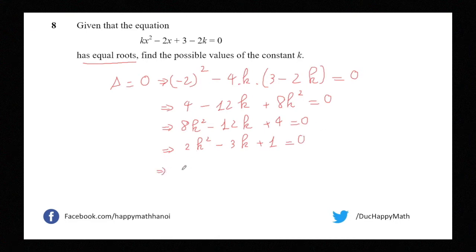From this you can apply the formula to calculate the delta, and k1 and k2 will be equal to 1.5 and 1. That's quite easy to see, but I think you should calculate it by yourself.